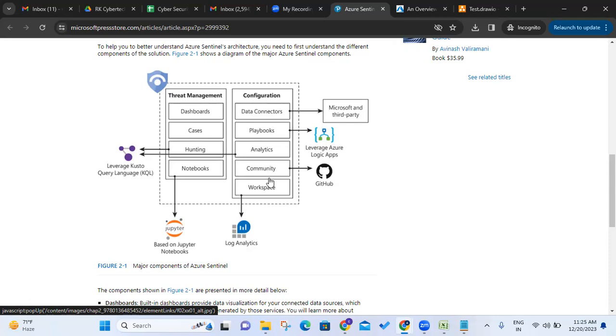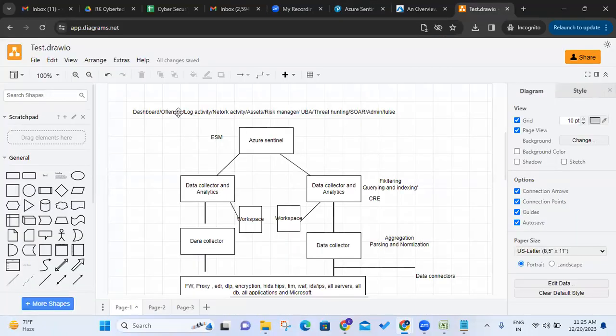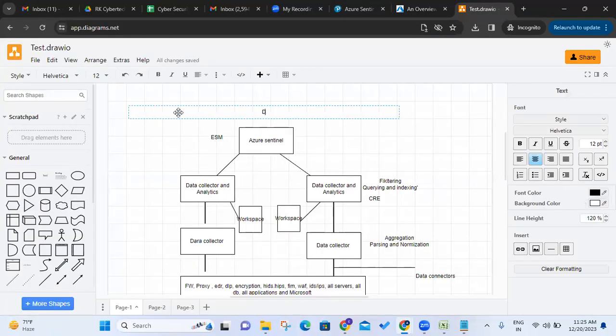How to explain this at the time of Azure Sentinel? Okay, the architecture diagram explanation part. So what are the things we can see as part of this? Dashboard, cases or alerts.